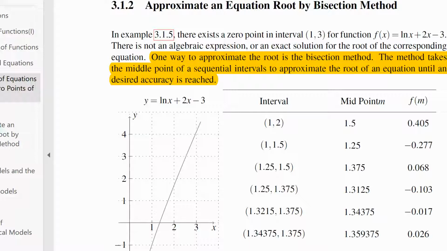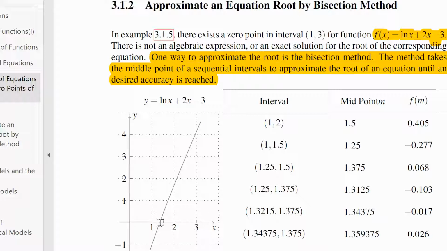Previously, we know that f of x equals natural log x plus 2x minus 3 has a root. You see, this is the graph. It has a 0 point between 1 and 3.